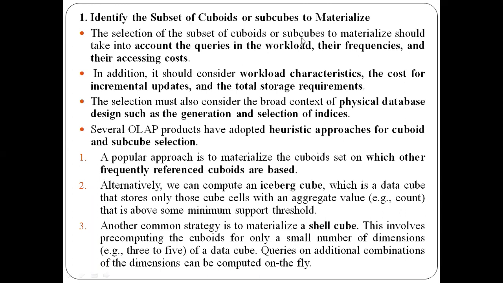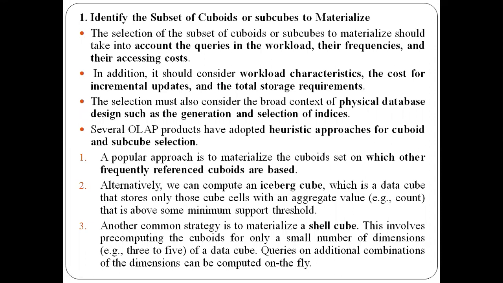As I said, in partial materialization we will not choose all of the cuboids. Only a subset of cuboids will be chosen, and such cuboids will be stored in memory. So whenever you are choosing some cuboids out of many available cuboids, you need to consider some factors. The first factor is how we can identify the subset of cuboids or subcubes for materialization. That is the first thing we need to take care of.